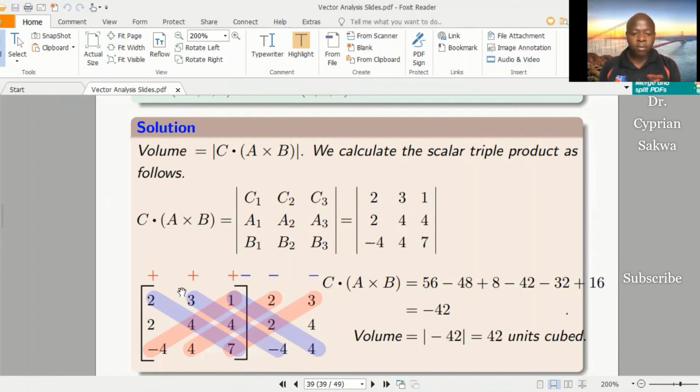And then multiply along these blue diagonals and add the results. You can see this will be 8 times 7, which is 56. This will be 4 times 4 times negative 4, which will be negative 48. And do the same for this one.